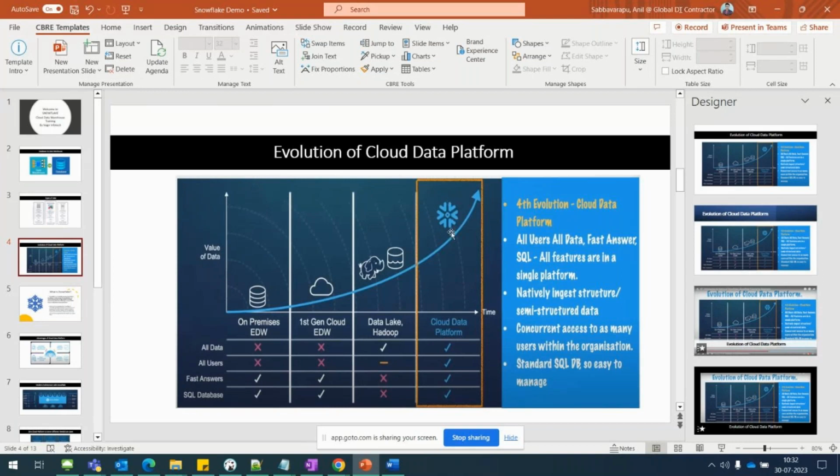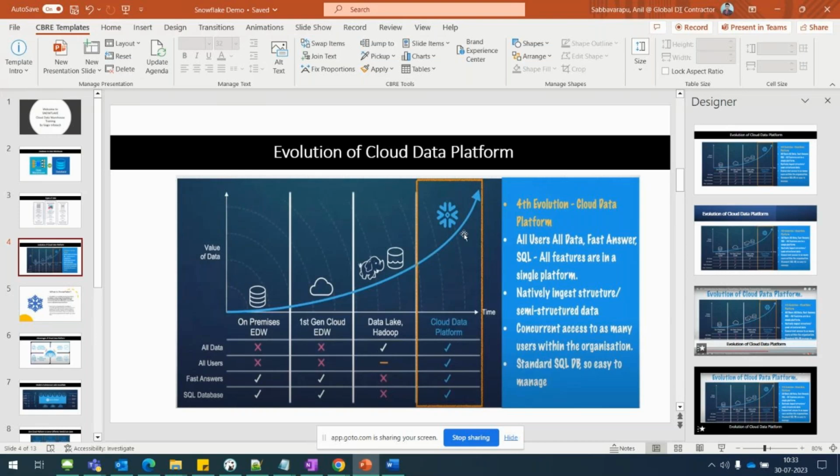And it supports a lot of things which other systems are not supporting at this moment, right? Any number of users can access Snowflake at any point of time.